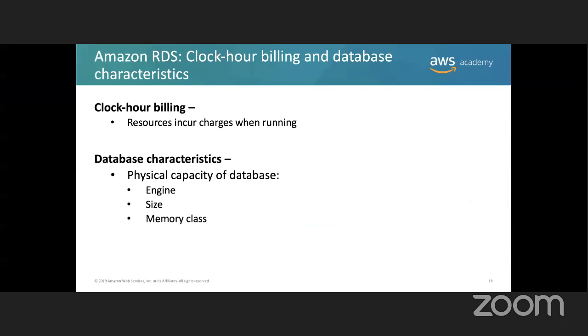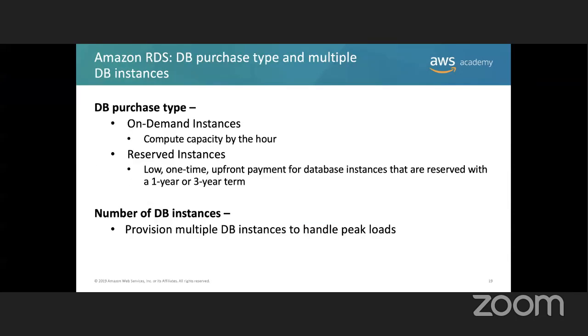All right, so let's learn more about this purchase type and multiple DB instances. This also influences the cost. If it is on-demand instances, you pay for compute capacity by the hour. If it is a reserved instance, you can reserve for a 1 year or 3 year term, with upfront payment or a low one-time upfront payment.